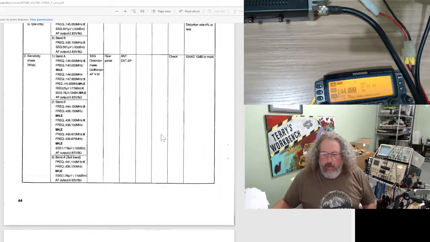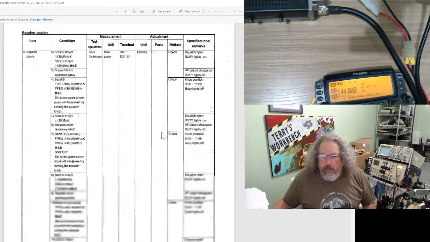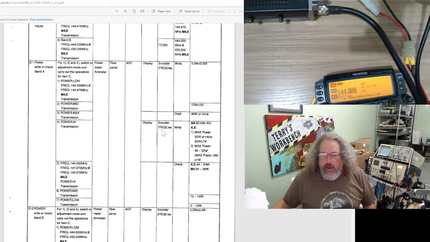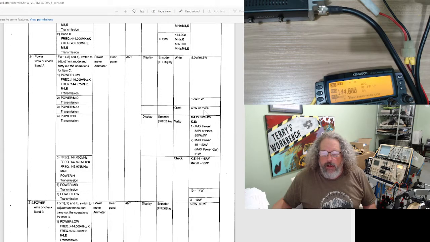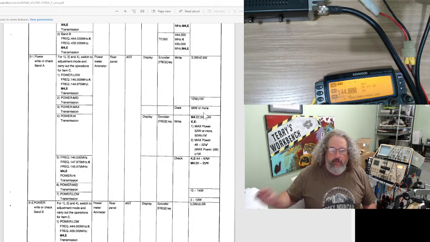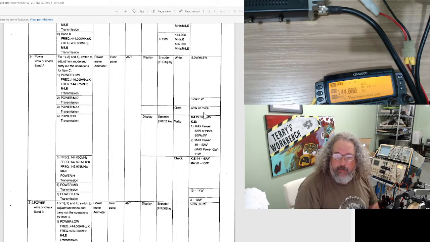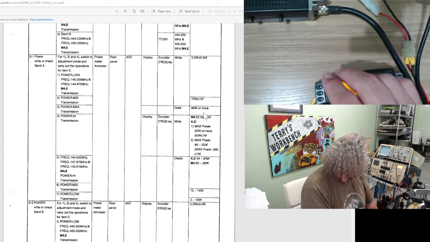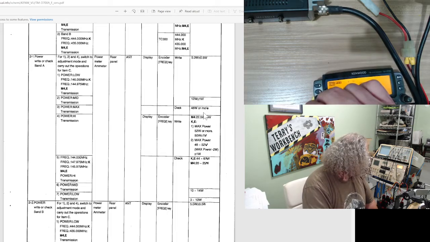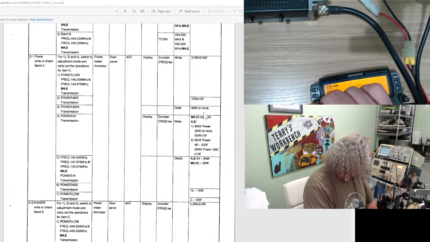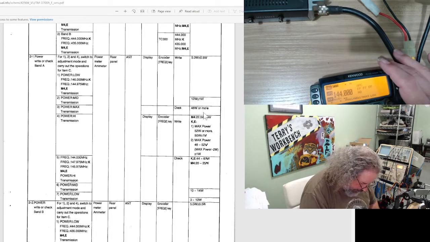What are the wattage ratings it wants here? Now that I understand what we're doing, 5 watts, 12 watts, 48 watts or more. Okay, so this midsection should be 12 watts. All right, there we go. That is about 12 watts right there.